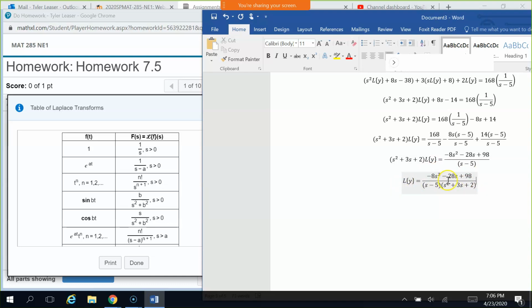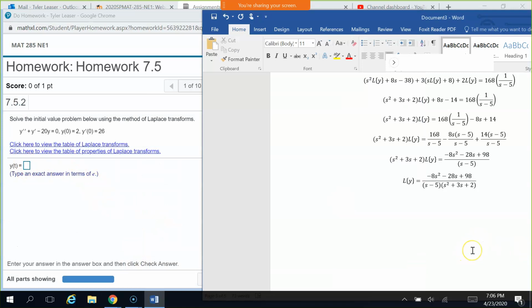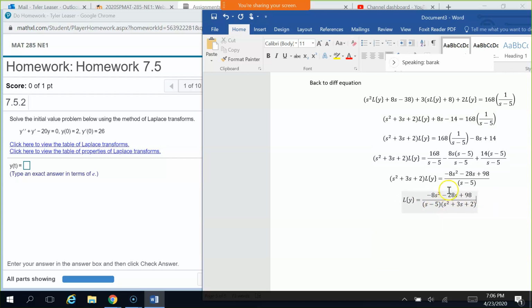This is the Laplace transform of y, but we're going to want to find the inverse of that to get y itself. And y itself is the answer to the question. I don't know how difficult it's going to be to do this.